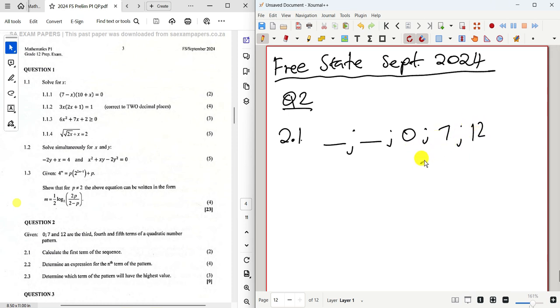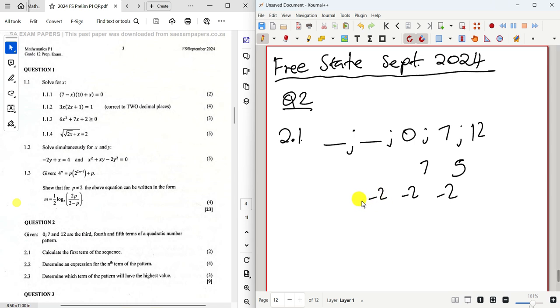7 minus 0 is 7, and then 12 minus 7 is 5. So 5 minus 7 is negative 2. Right, this is negative 2, negative 2.